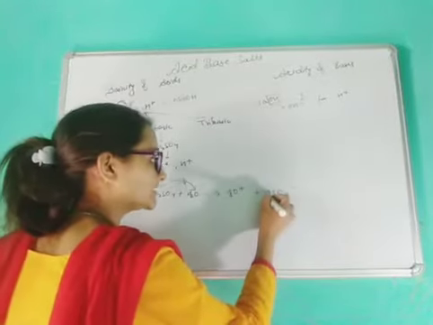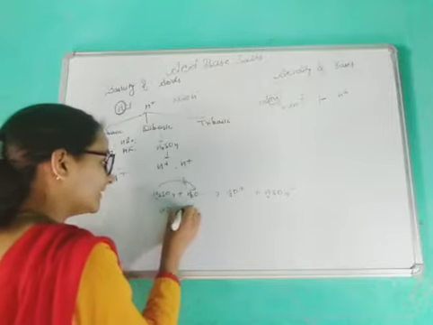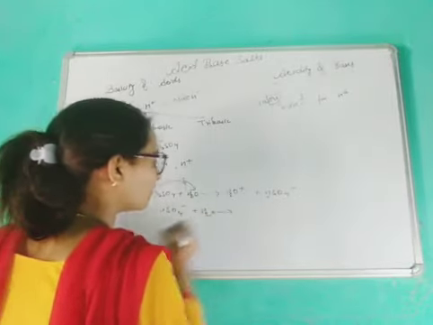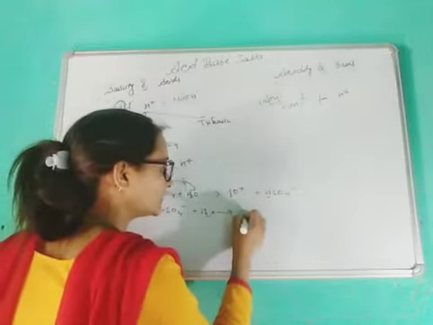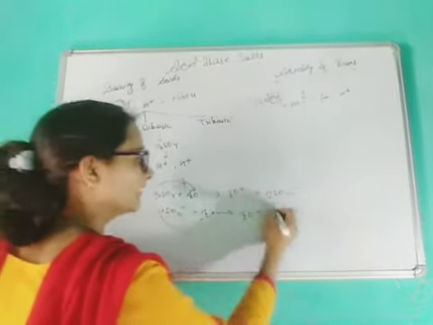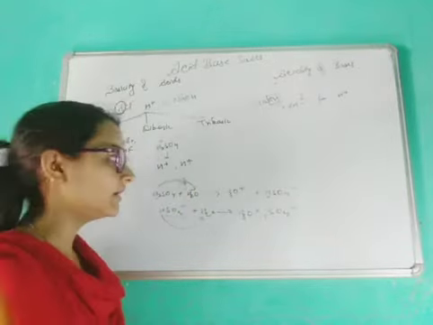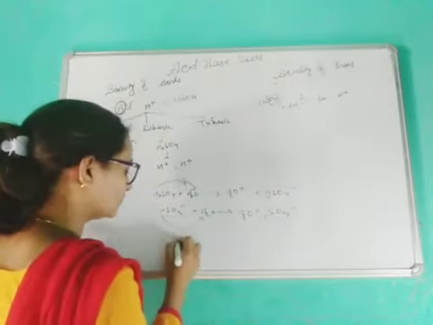Now HSO4 negative again reacts with H2O. It again forms H3O positive because this hydrogen will transfer here, and now only SO4 negative is left, so SO4 negative is the anion.